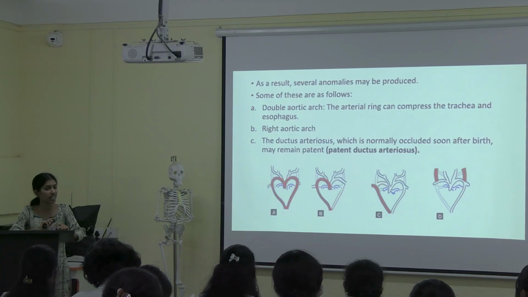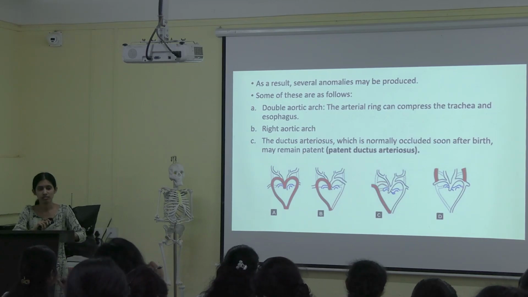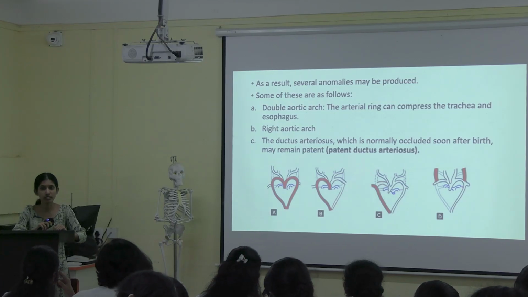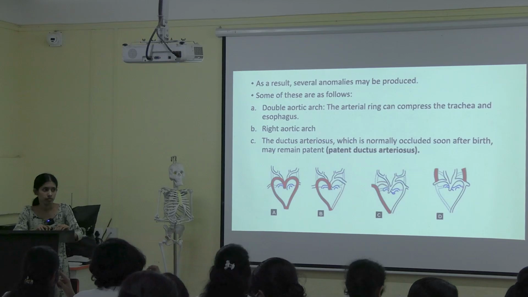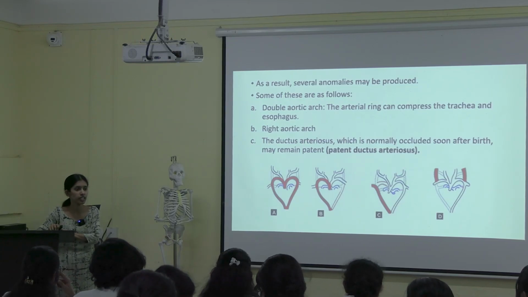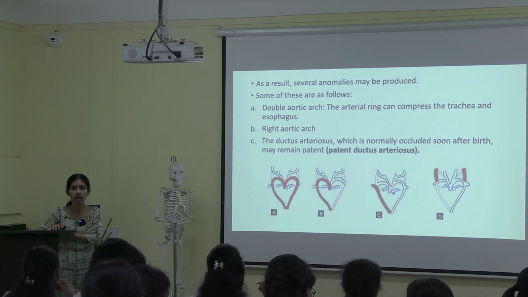First tell me where exactly you can see the ductus arteriosus. Between the 3rd and 4th, sure? Between the third and 4th aortic arch, there is a presence of ductus arteriosus.